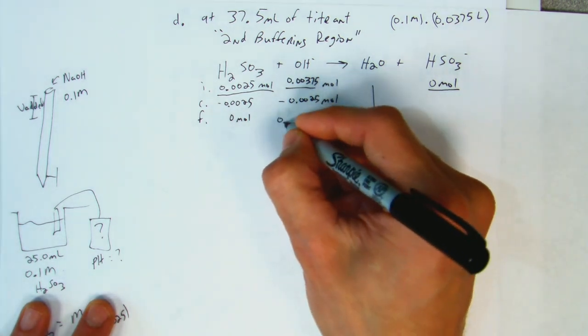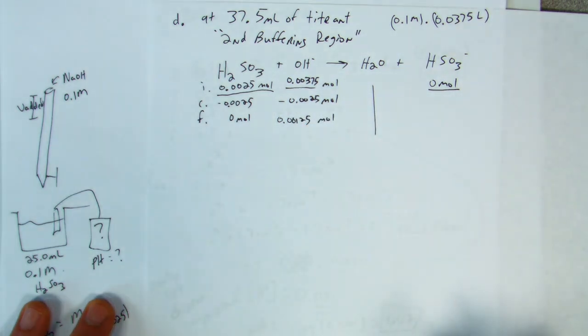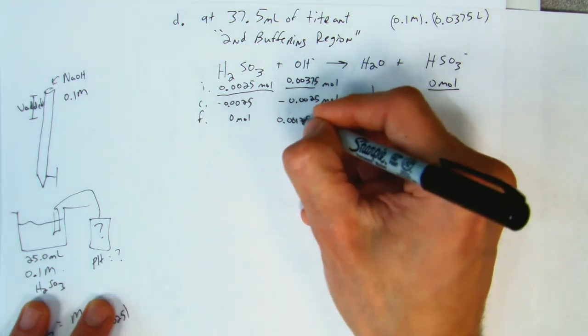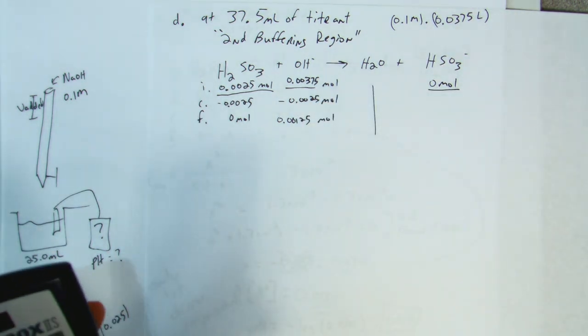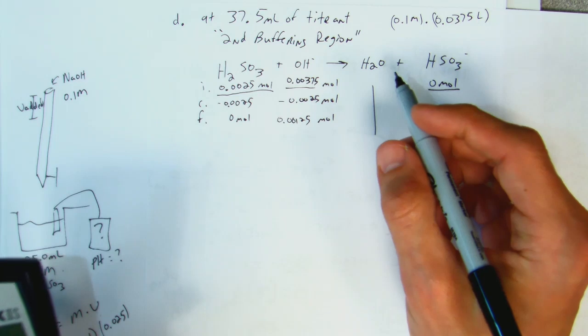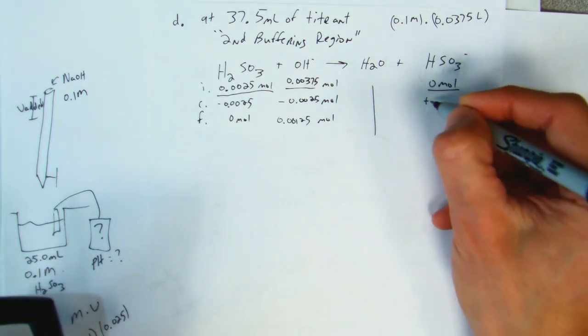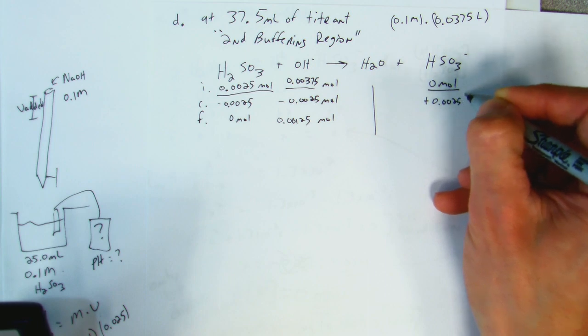I think I'll have what? 0.00125 left, right? After all's said and done. 1.25 millimoles. I will make 0.0025 moles of this.